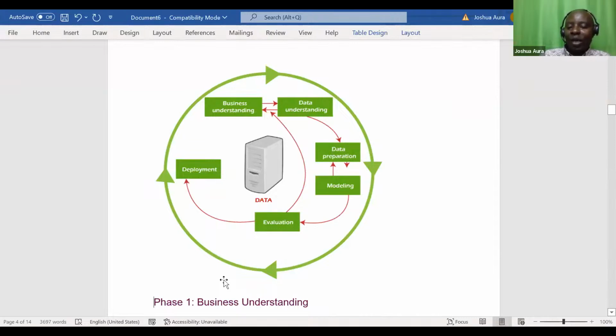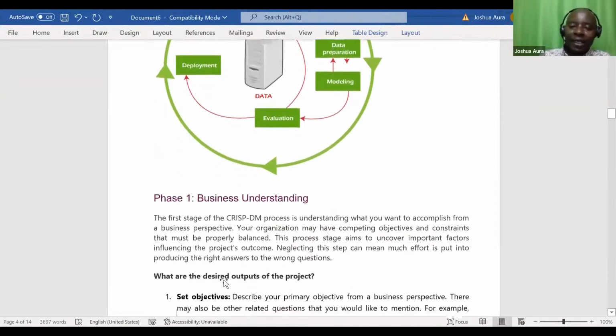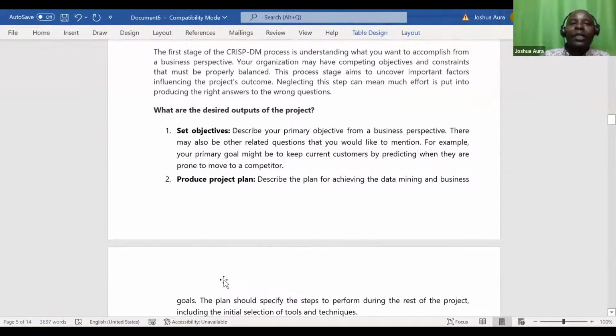Now, phase number 1 is about business understanding. The first stage of the CRISP-DM process is understanding what you want to accomplish from a business perspective. Your organization may have competing objectives and constraints that must be properly balanced.